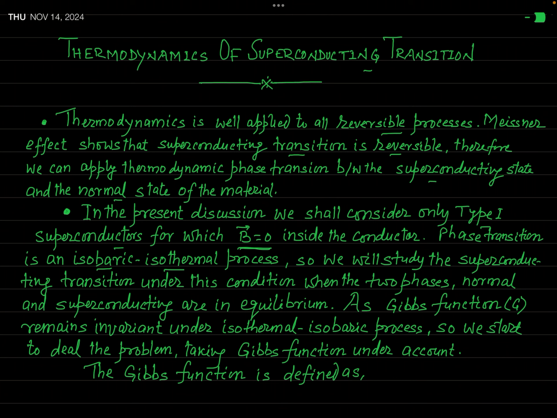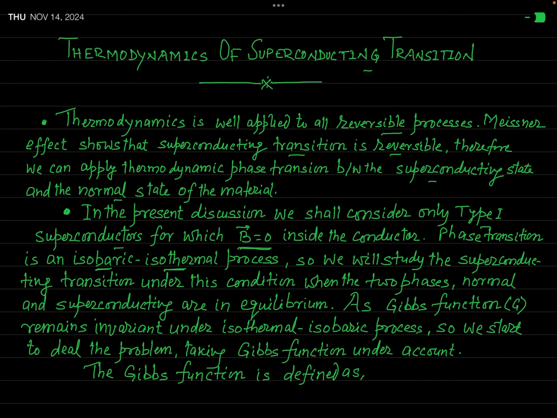When you say isobaric process, it means pressure is constant. And when you say isothermal process, that means temperature is constant. So definitely phase transition is always an isobaric isothermal process. So if your aim here is to study the phase transition between the normal state and the superconducting state of a material, definitely you have to think about the isothermal isobaric process.